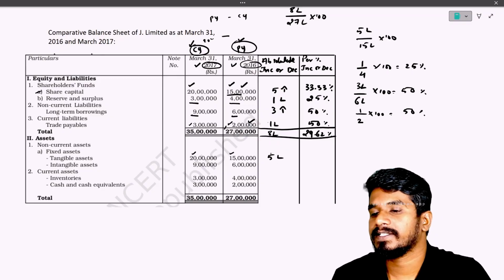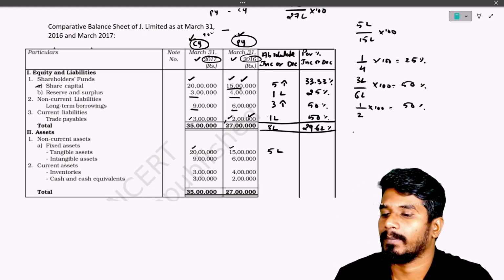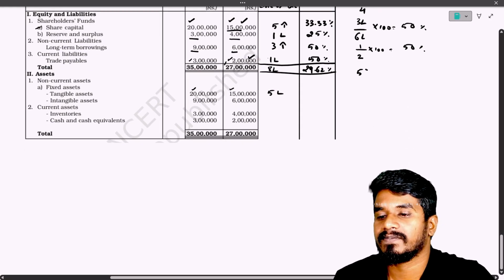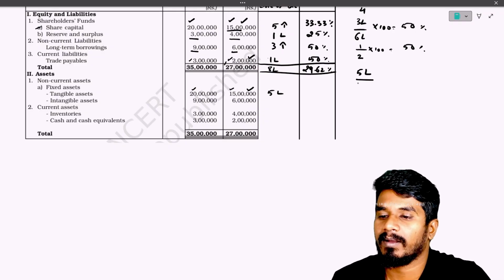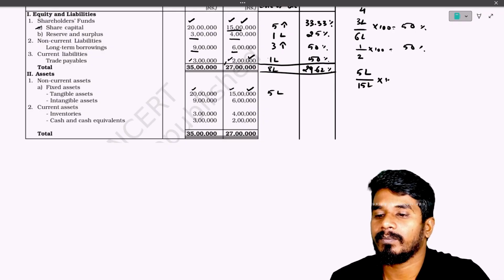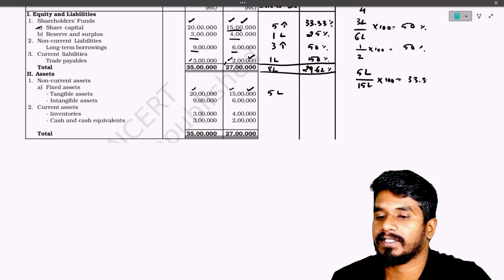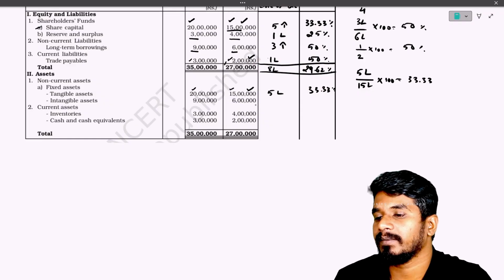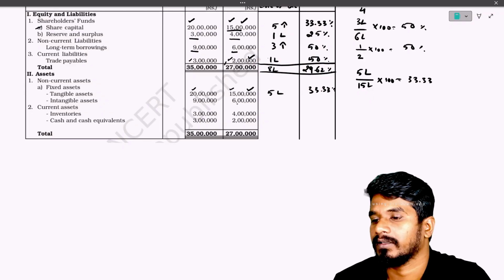So 5 lakh increased. 5 lakh is the change, and we need to compare with the base year into 100. So we'll get it as 33.33 percentage again.